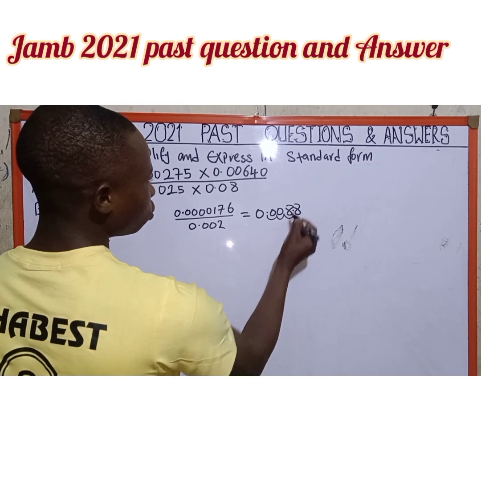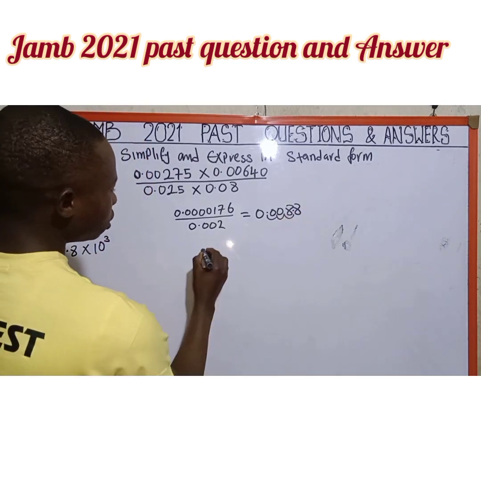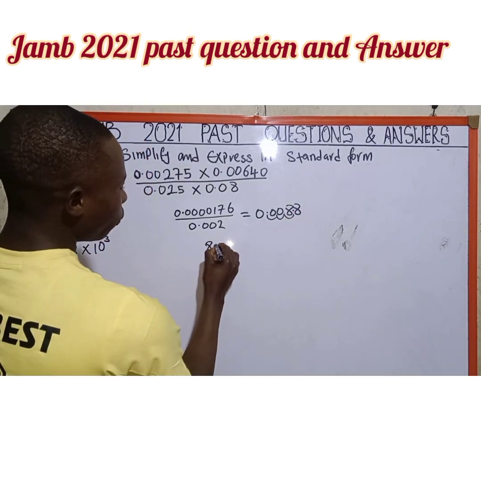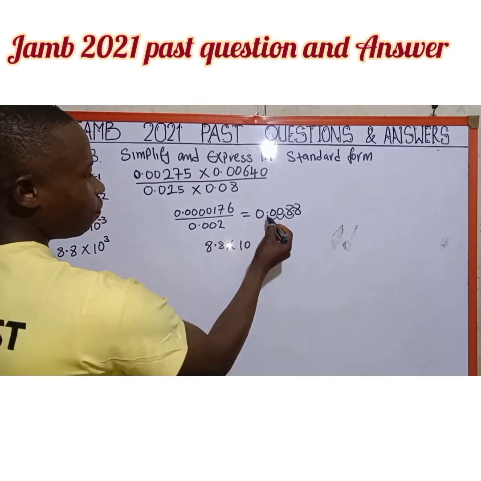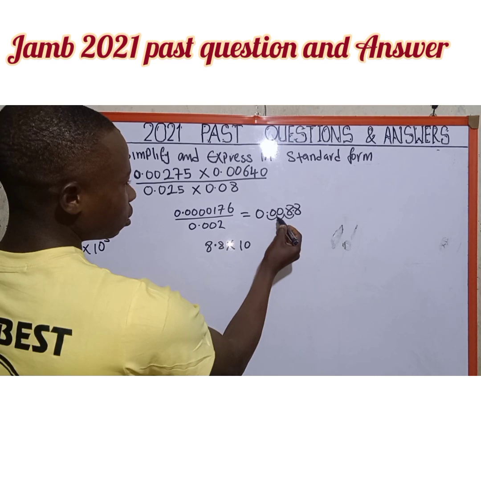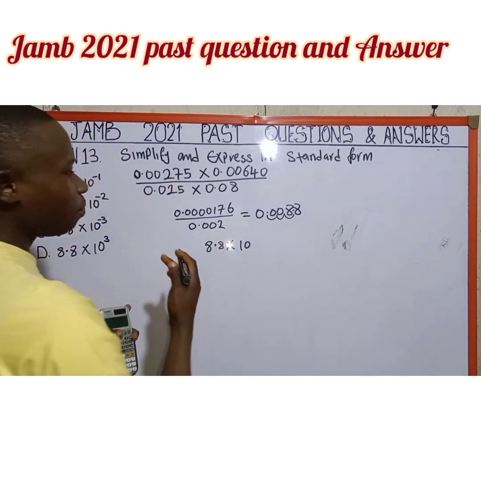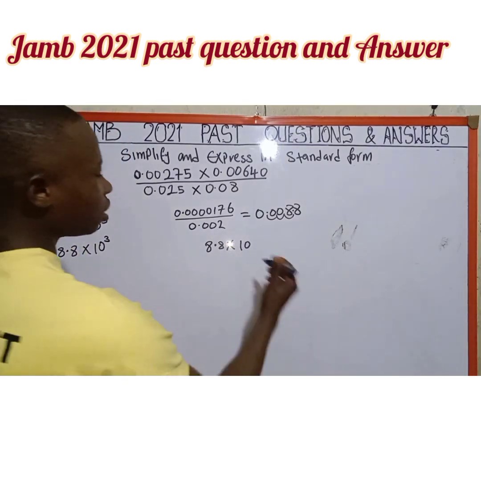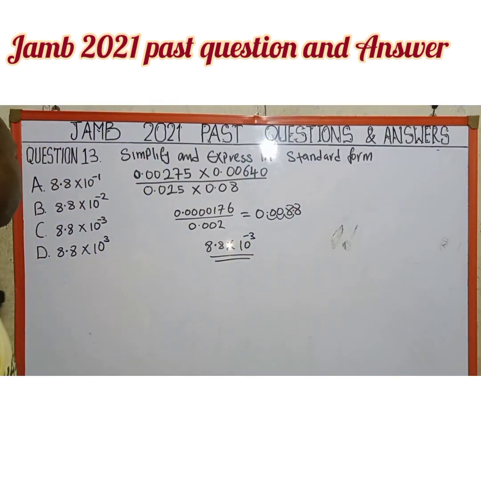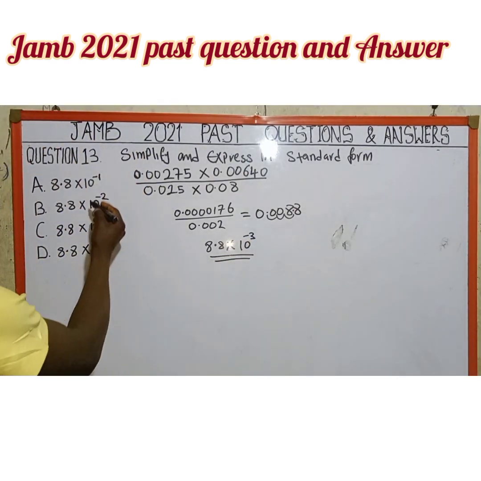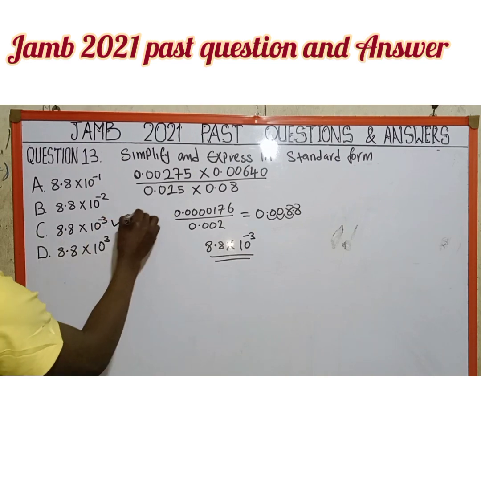So we move this point to this place. So we are going to have 8.8 multiplied by 10. Then we move how many times? 1, 2, 3. Because we move from the left to the right, it is going to be -3. So this is our answer. And if you check the options, option C is the answer.